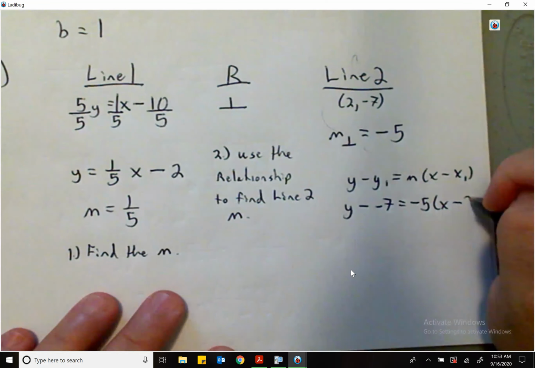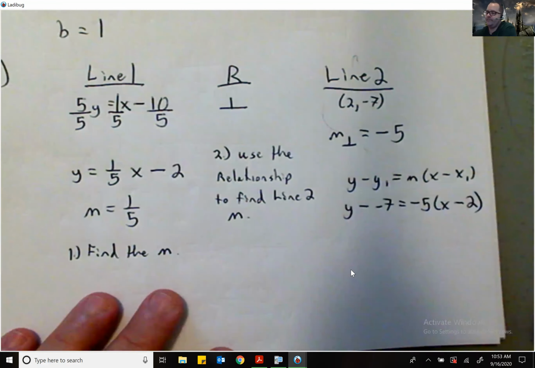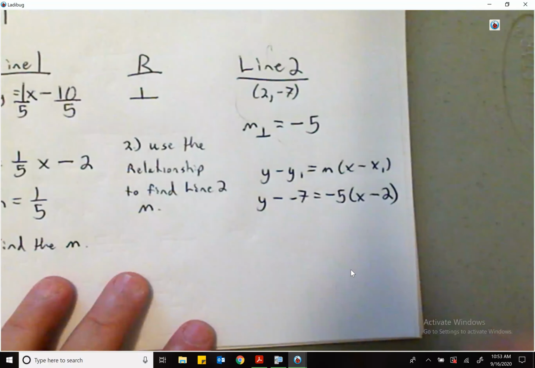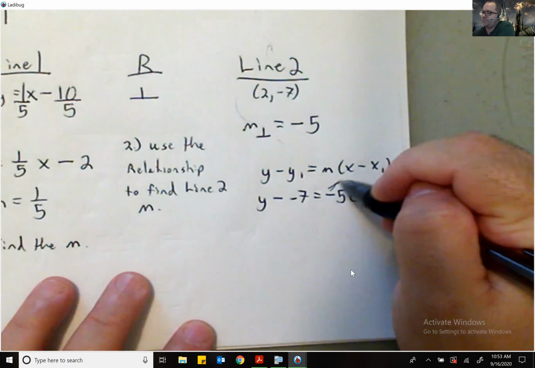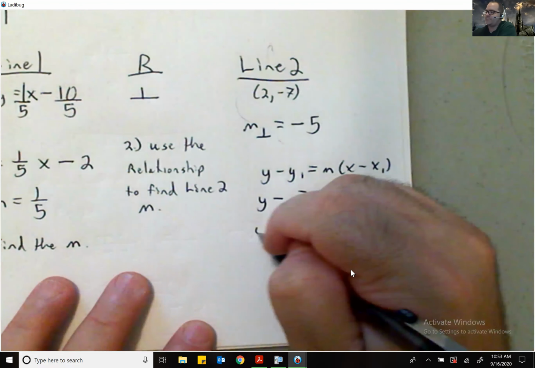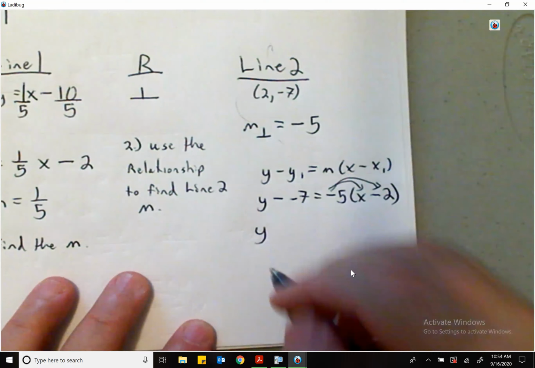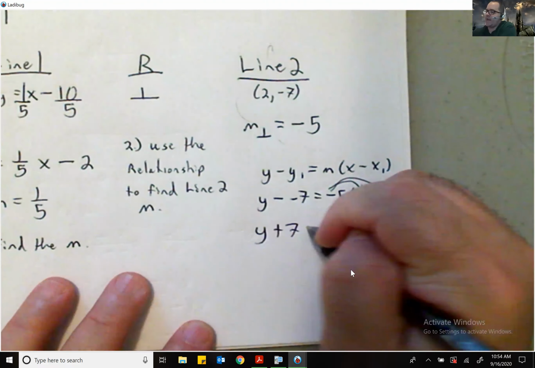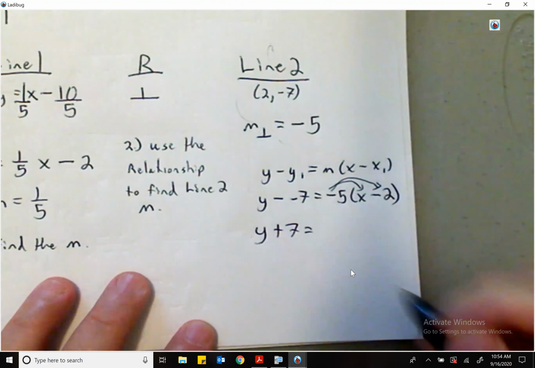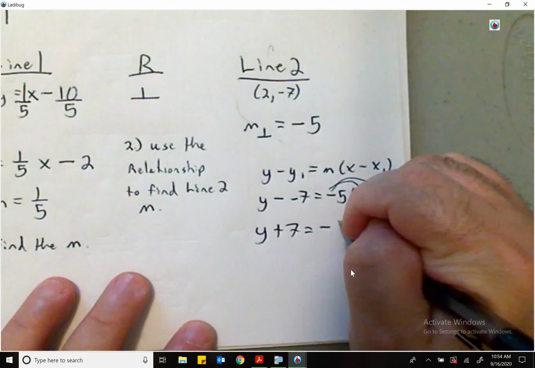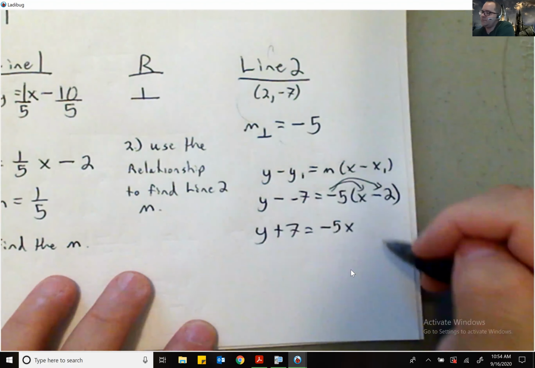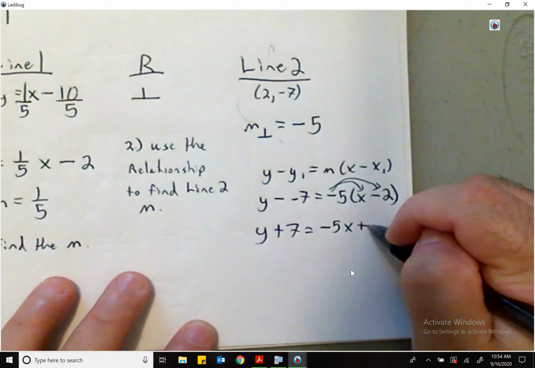All right. What do we do now? You multiply the -5 by the bracket, parentheses. Bracket, parentheses, it's all the same. What happens with two negatives by each other again? They turn a positive. So -5 times x is -5x, and -5 times -2 is +10.